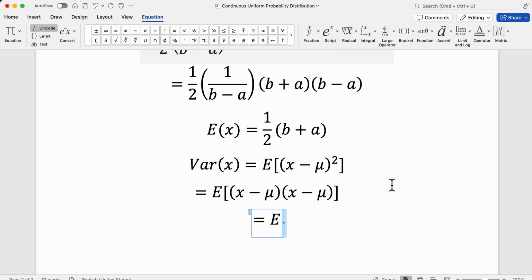you would get E of (x squared minus 2 mu x plus mu squared).